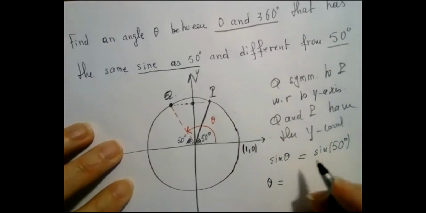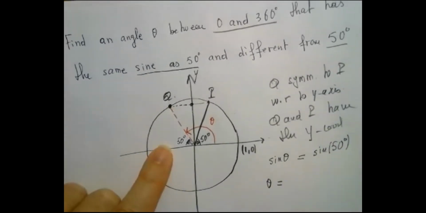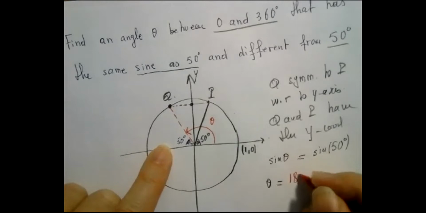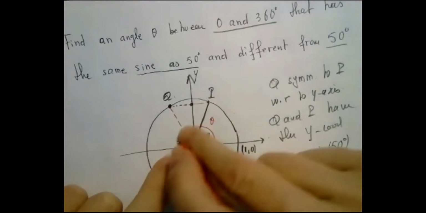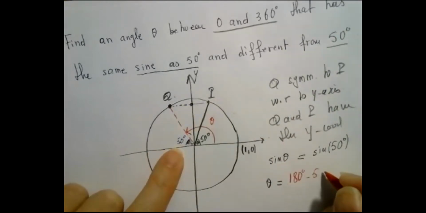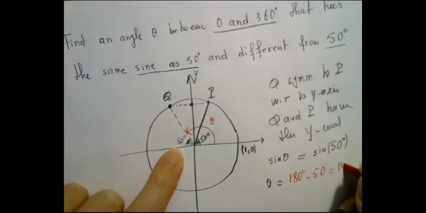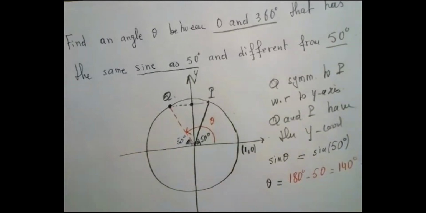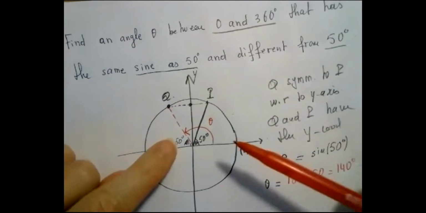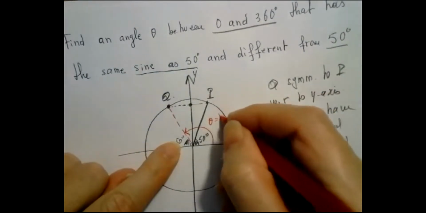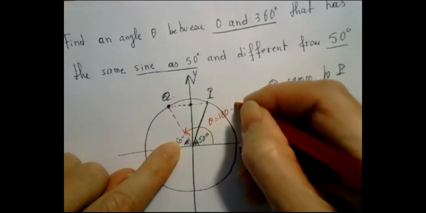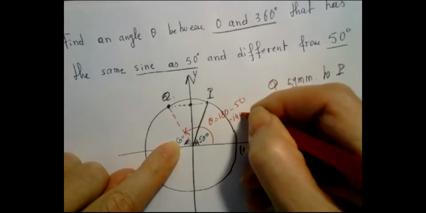So my angle theta is going to be 180, all the way, and I take away the 50 from it, which is going to give me 140 degrees. So the angle theta is 140, that's 180 minus 50.